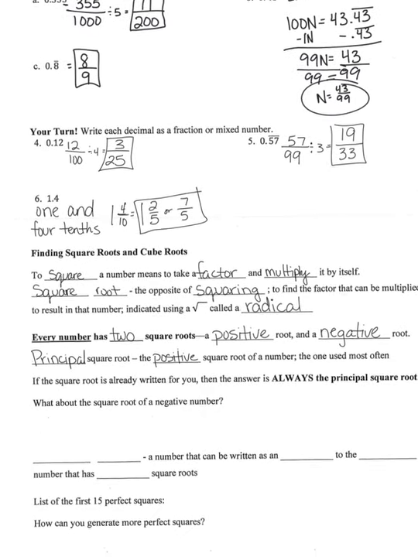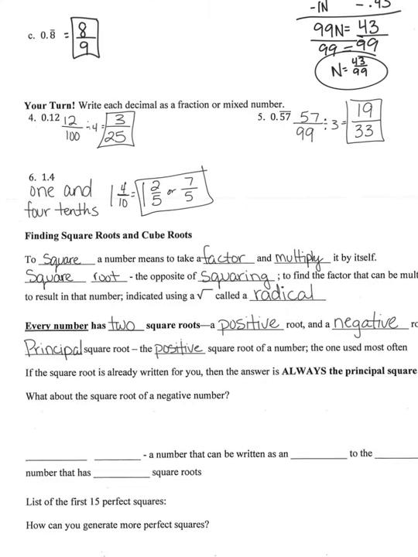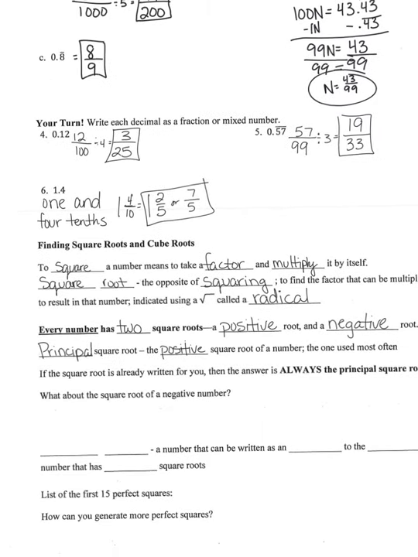So let's use some examples here for a negative square root. So the square root of negative 16. Well, we know that the square root of 16 is 4, because 4 times 4 equals 16.